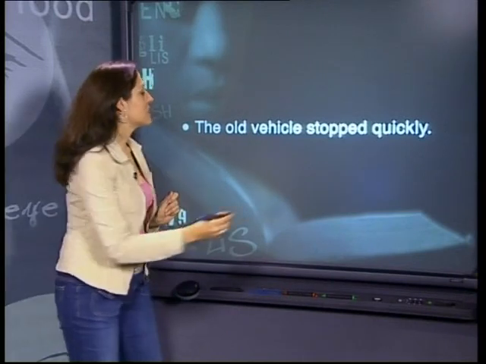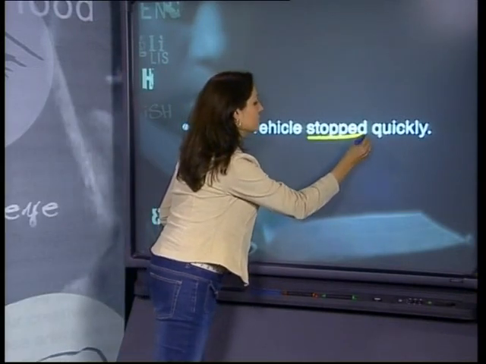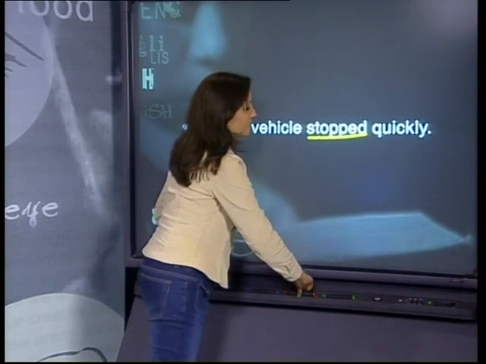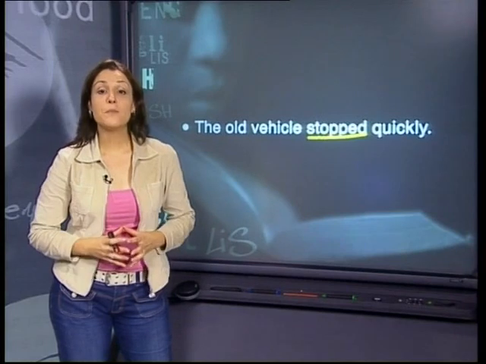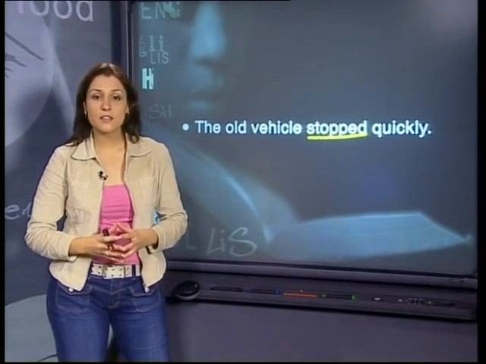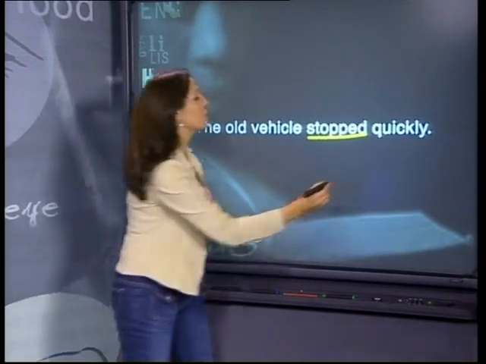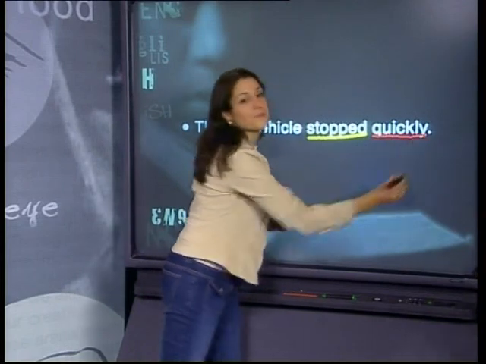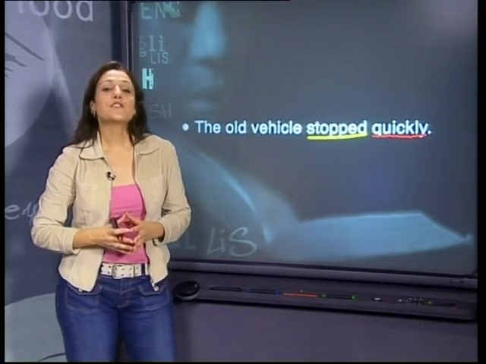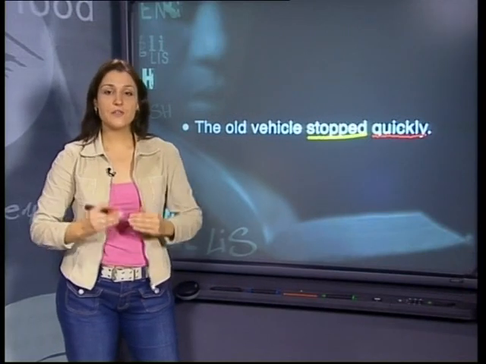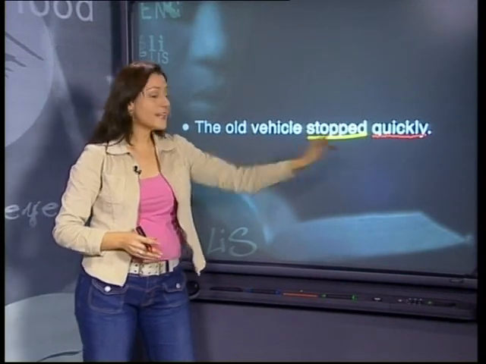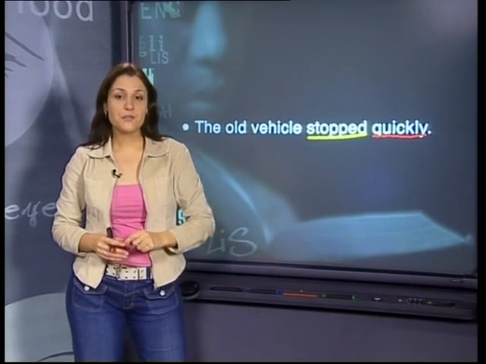Yes, it is stopped. What word in this sentence gives us more information about how the vehicle stopped? Yes, the word quickly. This gives us more information about the verb. It tells us how the vehicle stopped. So quickly is an adverb.